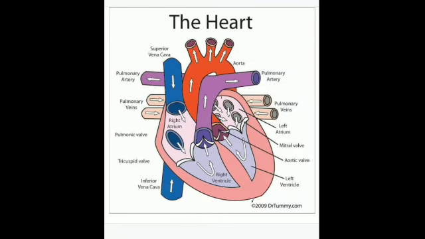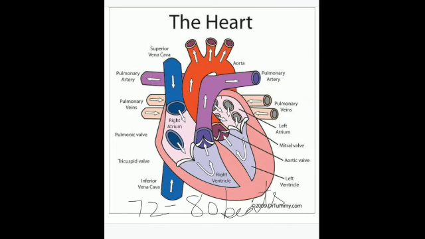So the heartbeat of an adult person while resting is 72 to 80 beats per minute. Is that clear? This is 72 to 80 beats per minute, and this increases when we do some physical activity. We are climbing the stairs, or running, or cycling, or playing badminton, football, cricket.